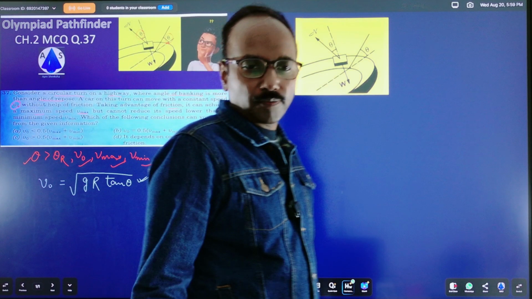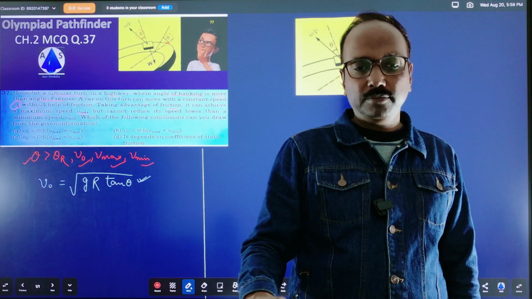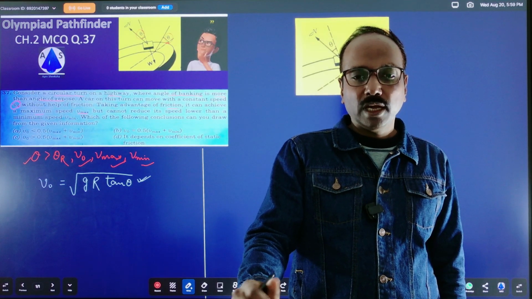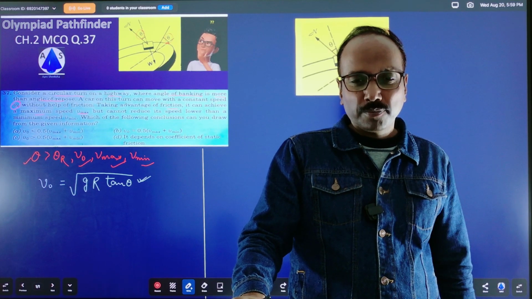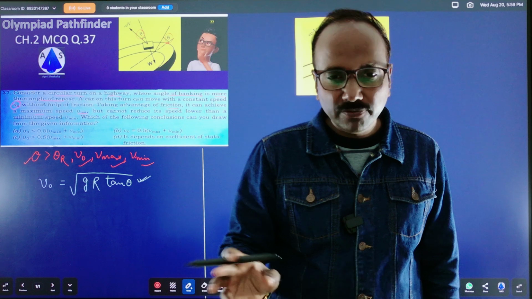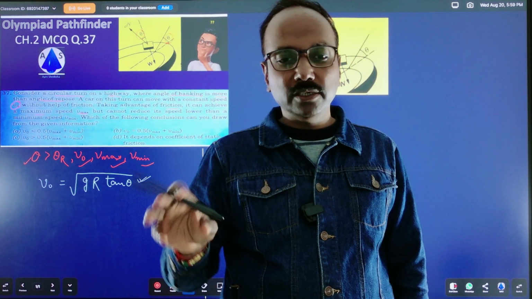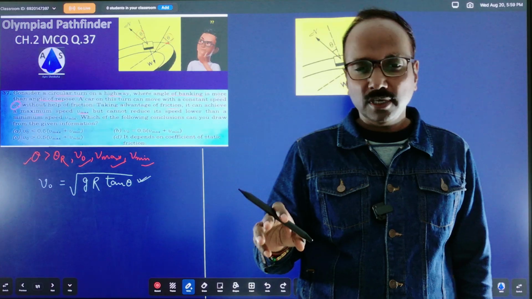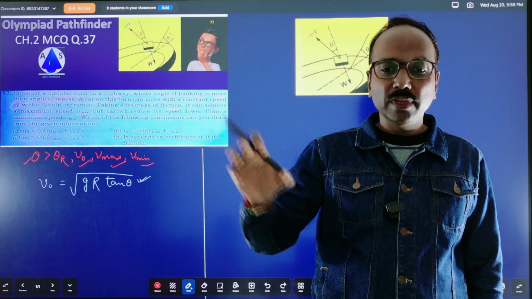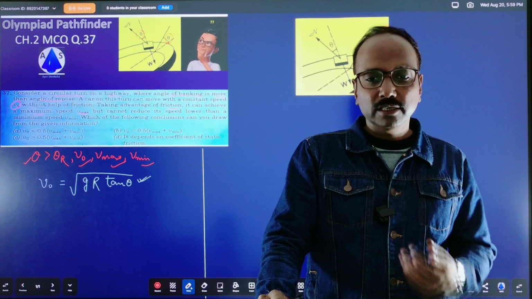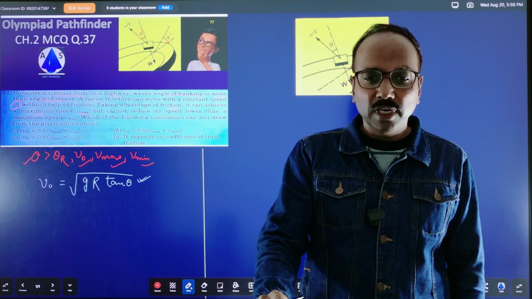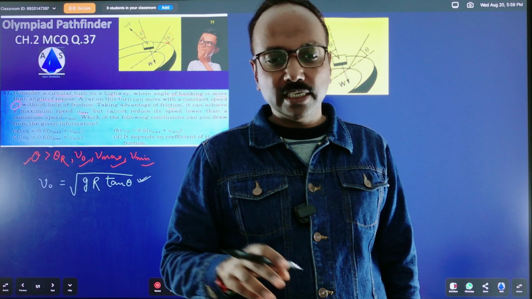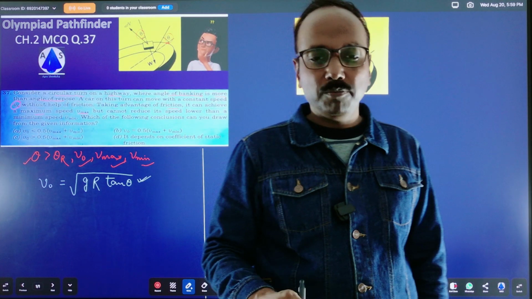Now if we try to speed up the car more than V0, your centrifugal force will increase. So component of centrifugal force up along the slope will increase, and it will be more than the component of gravity force which is acting down along the slope.